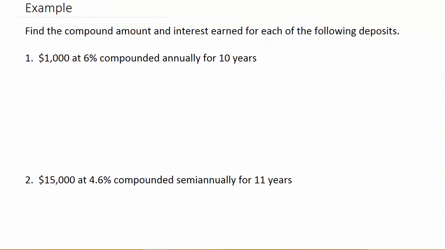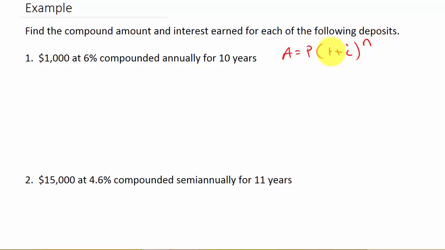All right, so here it says find the compound amount and interest earned for each of the following deposits. So let's go ahead and just write our formula down. We've got A is equal to P times (1 plus I) raised to the n.